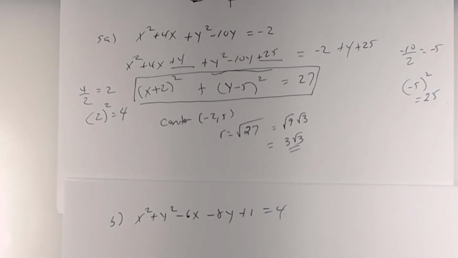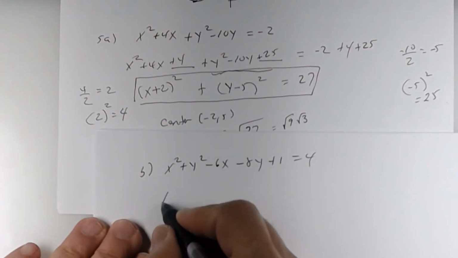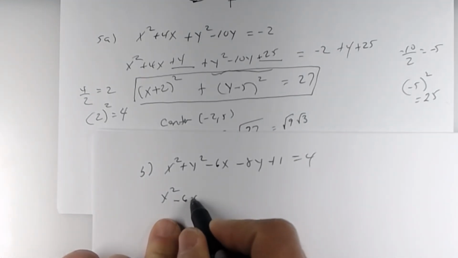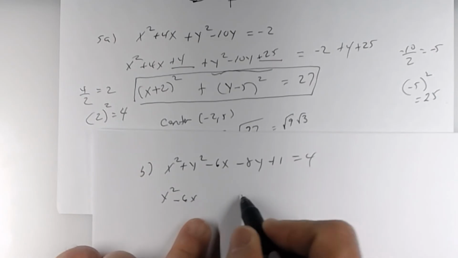If I'm going to complete the square, I've got to put the x's together, put the y's together, and all the constants on the other side. So we have to rearrange some things here. I'm going to have x squared. What do I put next to x squared? Very good. Minus 6x. Leave some space. Okay, what do I write next?